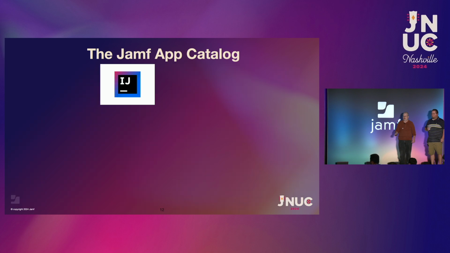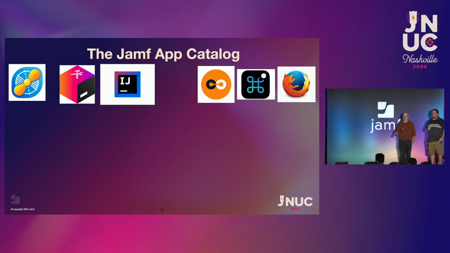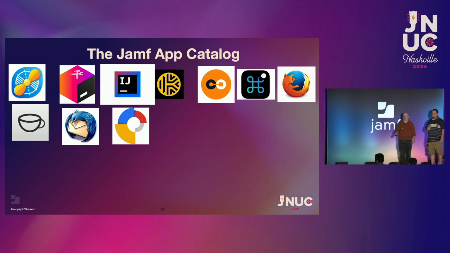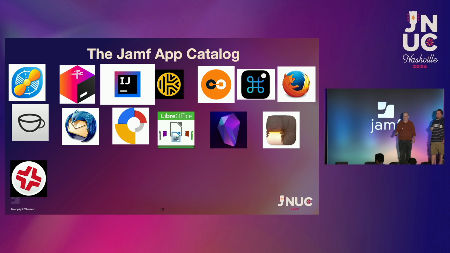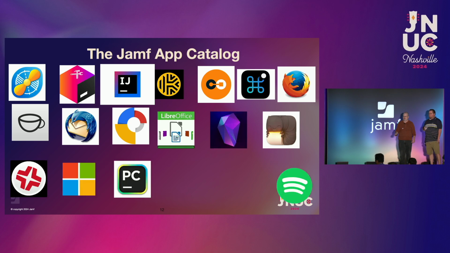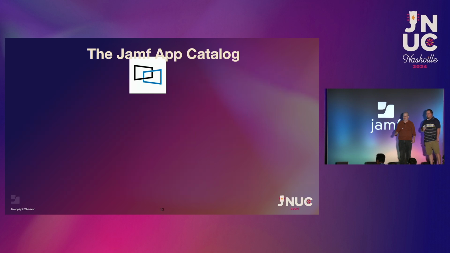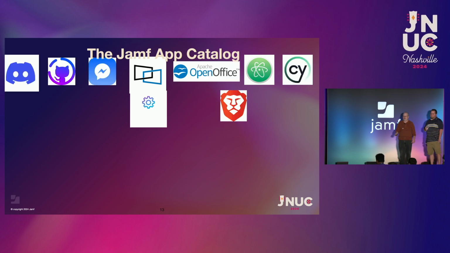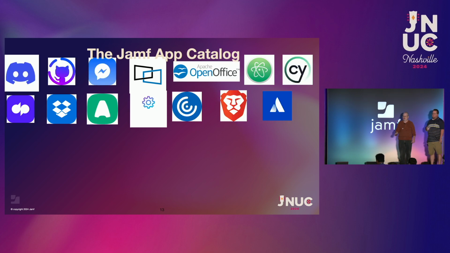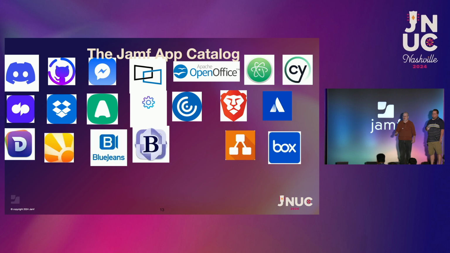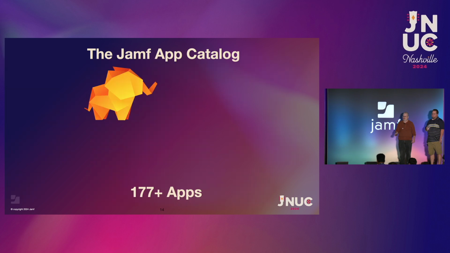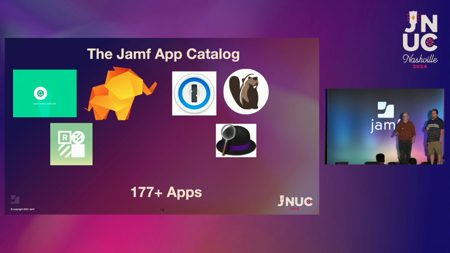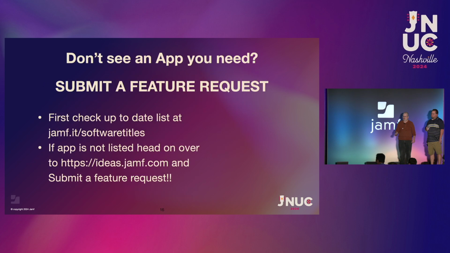When we made this, there were 177 apps. There are a little less than 200 now. Here we go, page after page, and a lot of you know these apps, a lot of you know these logos. I'm going to go even quicker now, because it is the last day of JNUC. Wait, let me go back.